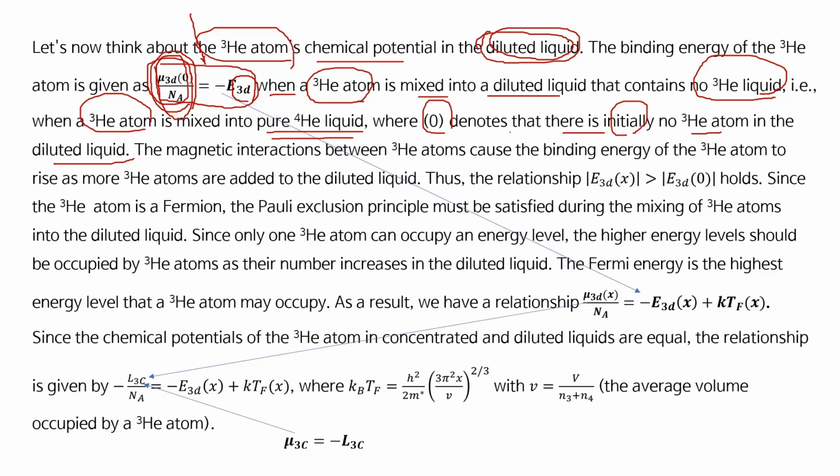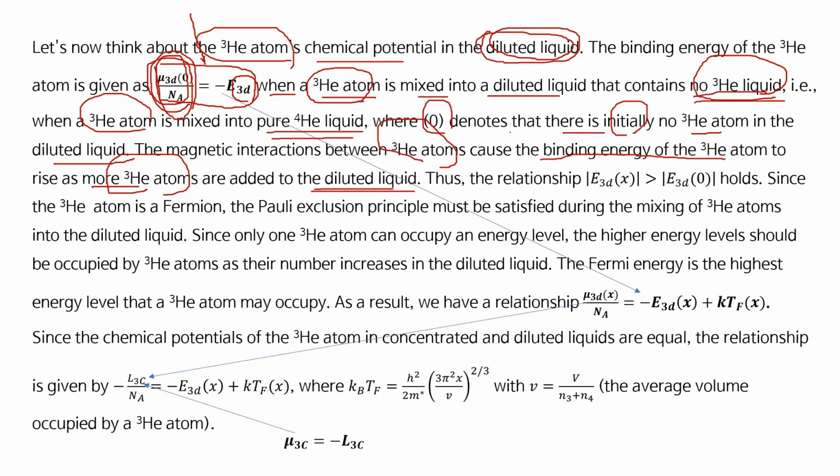The magnetic interactions between helium-3 atoms cause the binding energy of the helium-3 atom to rise as more helium-3 atoms are added to the dilute liquid. So chemical potential mu3d0 means the chemical potential of the helium-3 atoms mixed into the dilute liquid at the moment of no helium-3 in the dilute liquid.